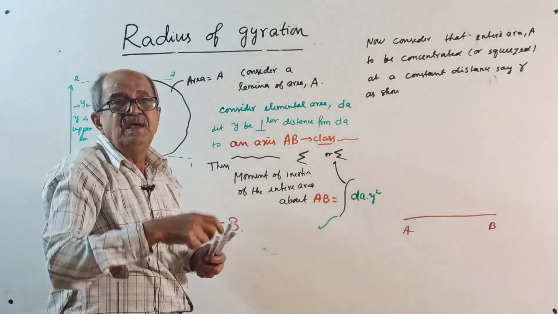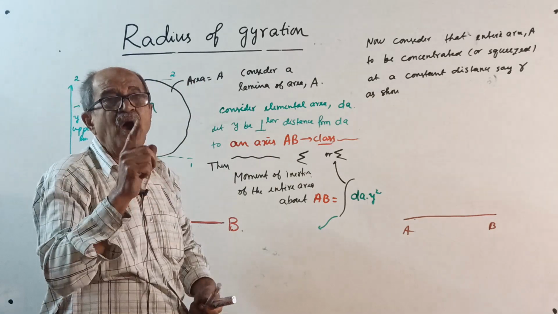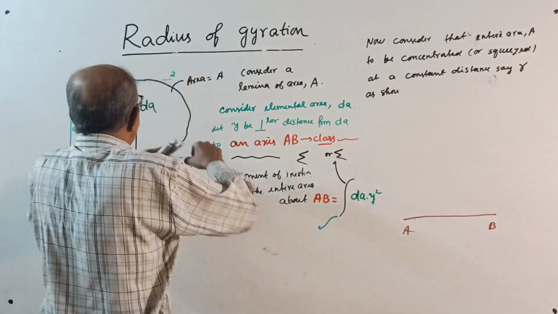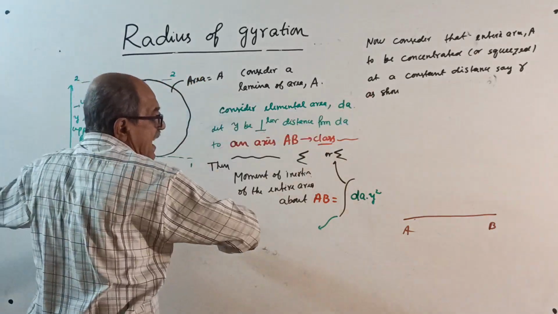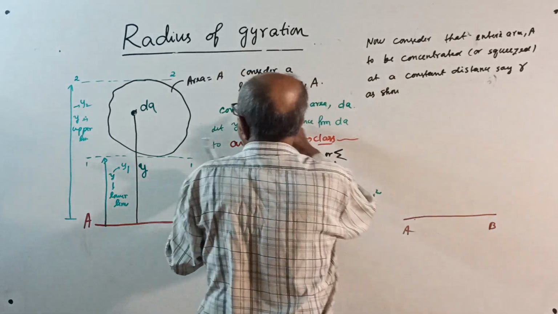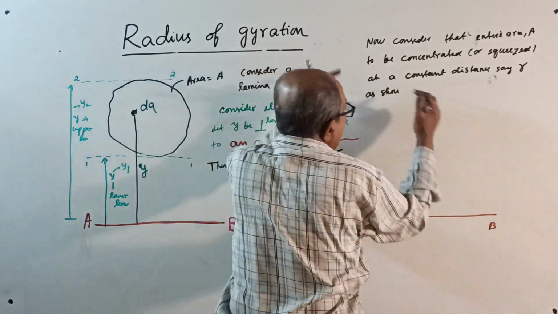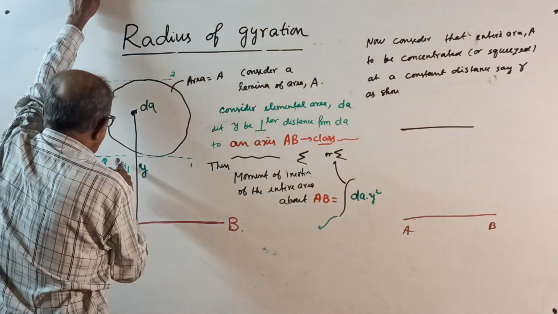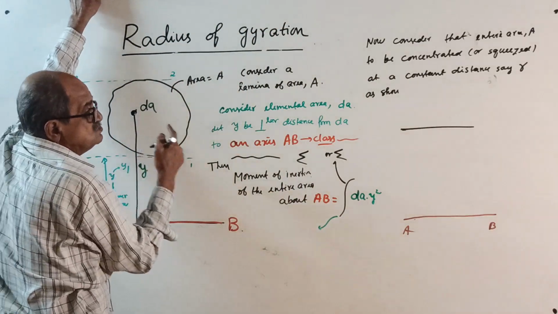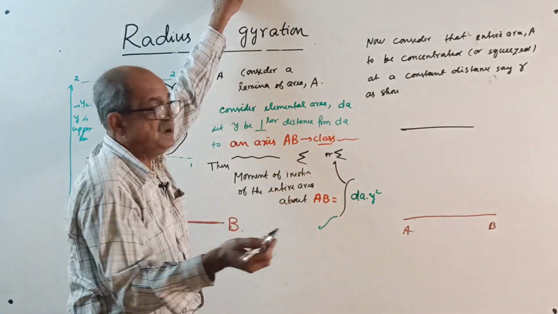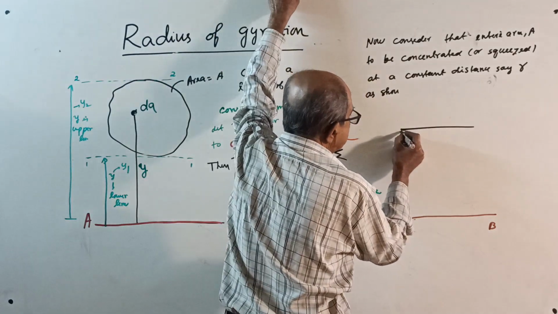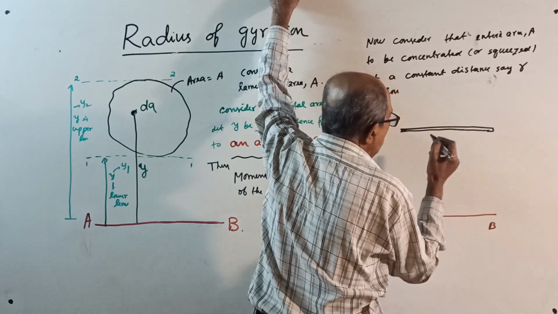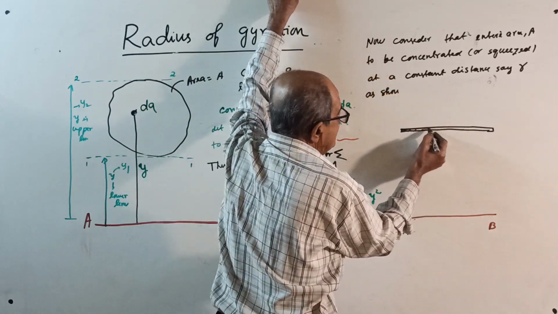But remember, sometimes people say squeeze to a point, but actually it is better not to squeeze to a point, but squeeze along a line parallel to AB. Like this, imagine the entire area squeezed somewhere in between 1 and 2. Very, very small thickness, this way.